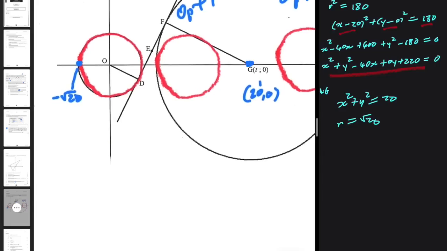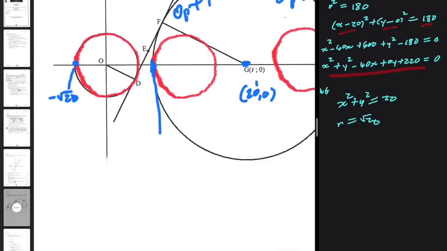We need to be able to realize that. Another thing we need to figure out is the x-coordinate of this point that we are interested in. How can we find it? Let me show you. We know that from this point to the center is 6 square root of 5, or let's just say square root of 180. We know that for sure.